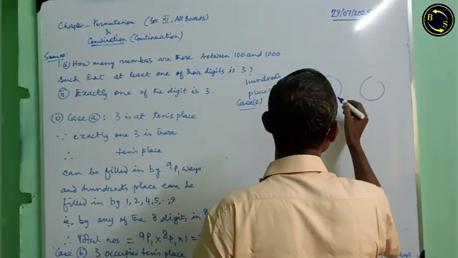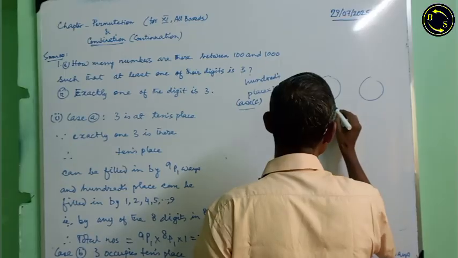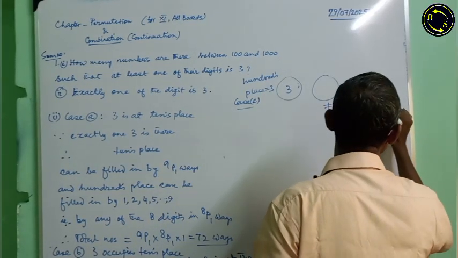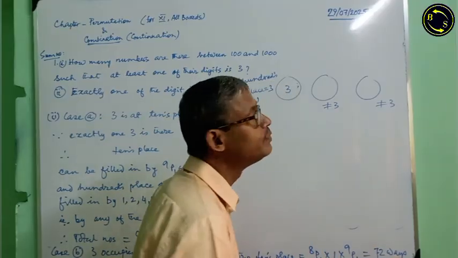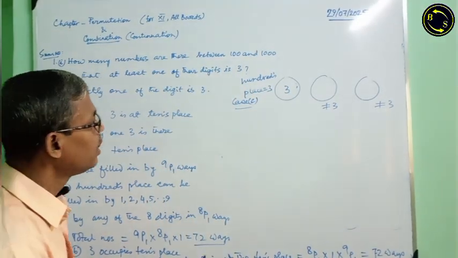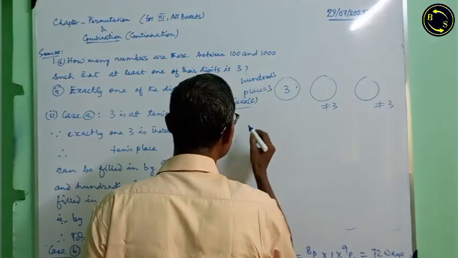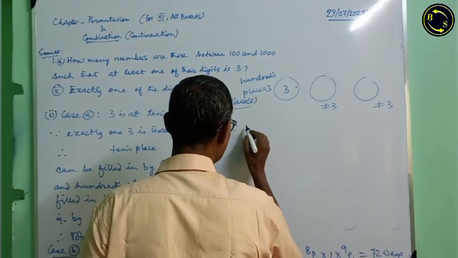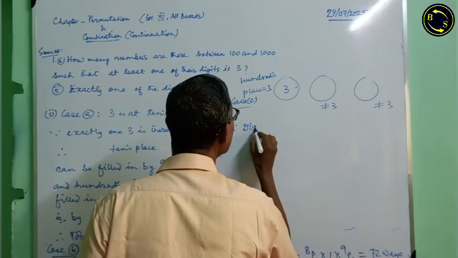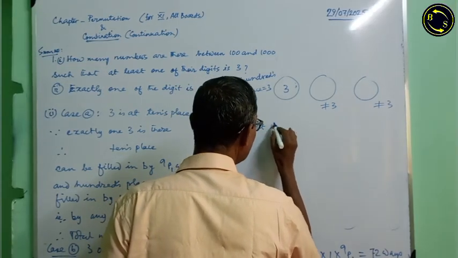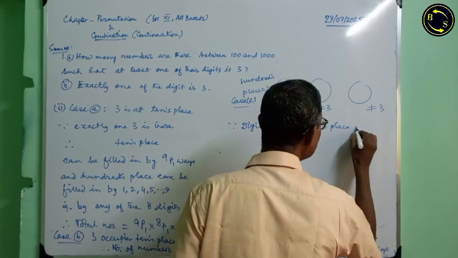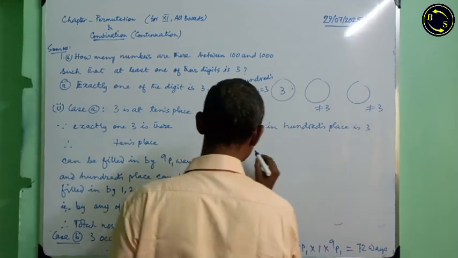Therefore, the tens place cannot be 3, and the units place cannot be 3, since exactly one digit is 3.